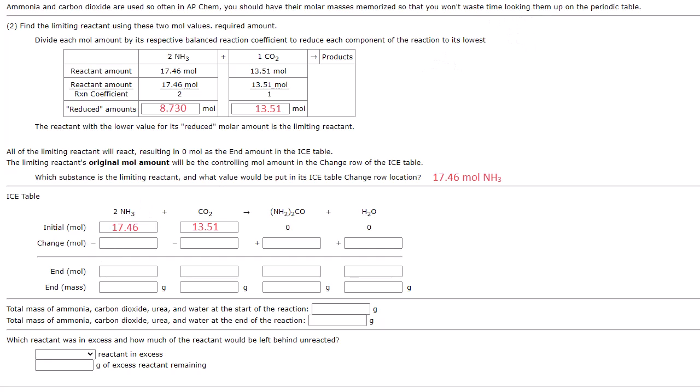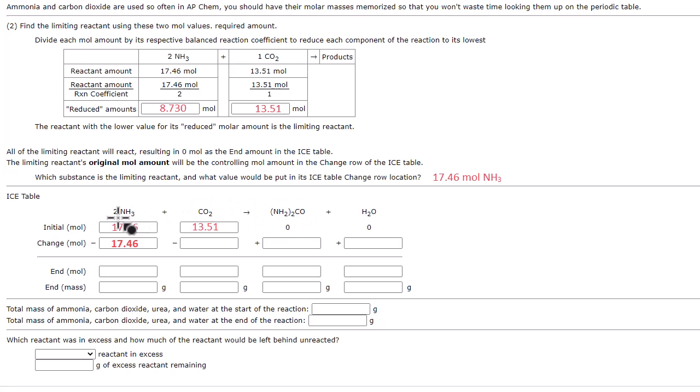Now, the limiting reactant, this 17.46, is going to be completely used up. So in our change, this 17.46 is the amount that without doubt is going to be used, and we'll have none of it left. Once in an ice chart you've got the change, you can find all of the other amounts. The change amounts are governed by the limiting reactant, and they'll follow the same coefficient ratios.